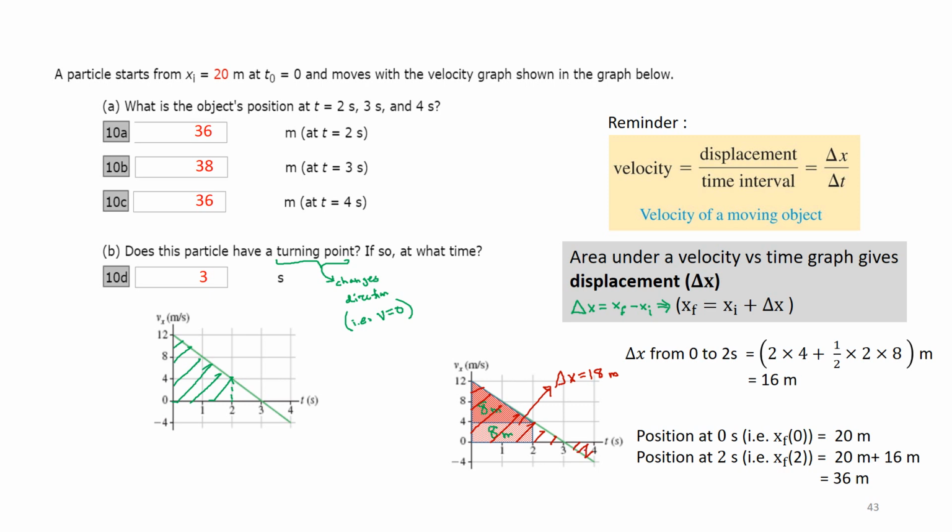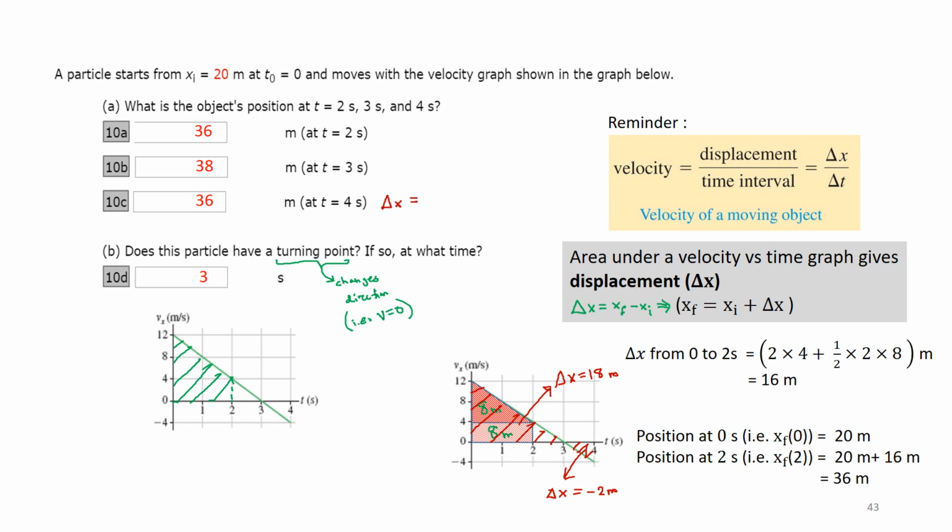So here the area is 18 meters. But then from 3 to 4, the object has turned around, it's going in the negative direction. It has a delta x of -2. All right, so when you find the combined displacement from 0 to 4 seconds, you have to do 18 minus 2.